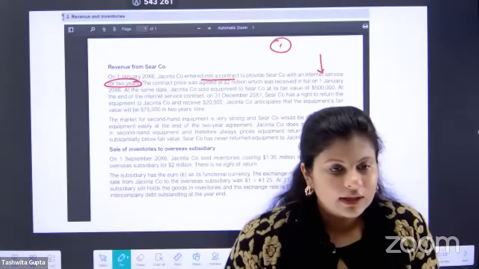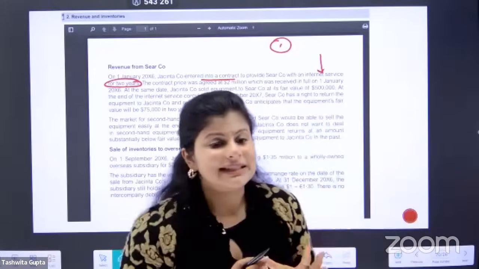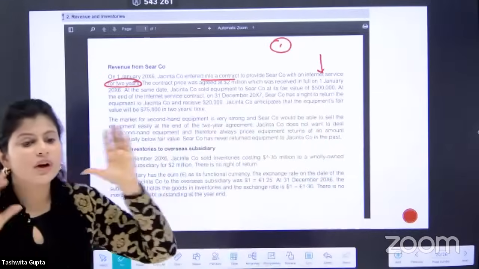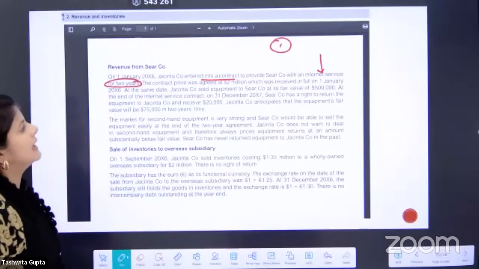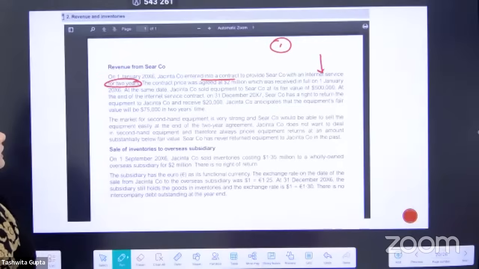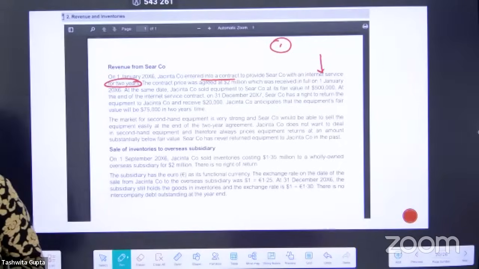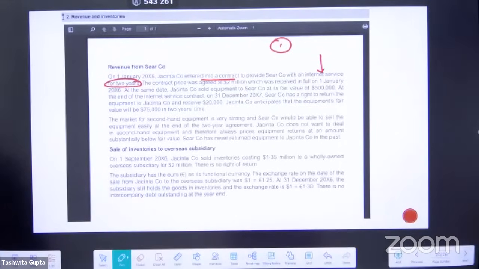Right? The ones who can't see, please open this on your end. December 2023 CB platform of ACCA. Come on. Take 2 minutes. Open it. I'm sharing it on your groups.